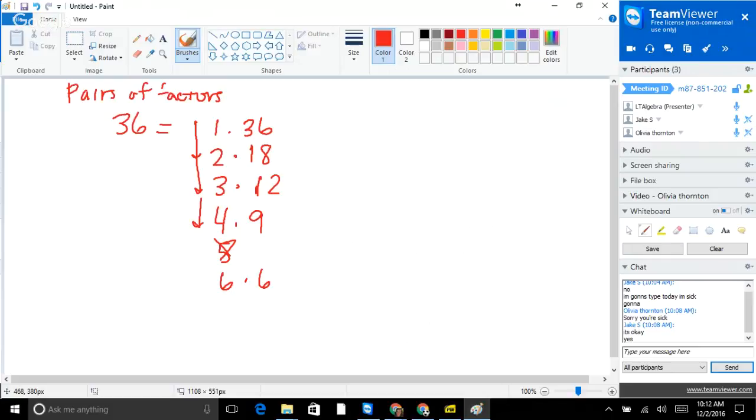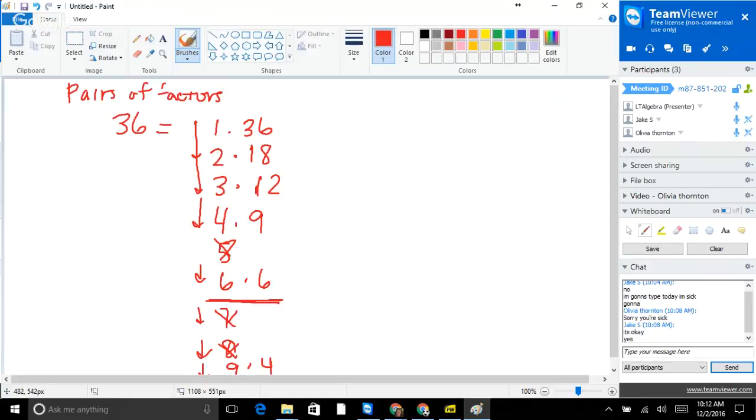All right. And then I can keep going, but see, once I get to 6 times 6, I know that I've reached all the pairs of factors. Because if I go to 7, I know 7 won't do it. 8 won't go into 36. But then my next number is going to be 9, right? And 9 is 9 times 4.